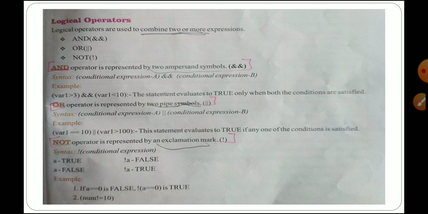That is the meaning of the NOT operator, that exclamation mark. So if the conditional expression result is true, the result will be false, and if the conditional expression is false, the result will be true. That is the meaning of the NOT operator.